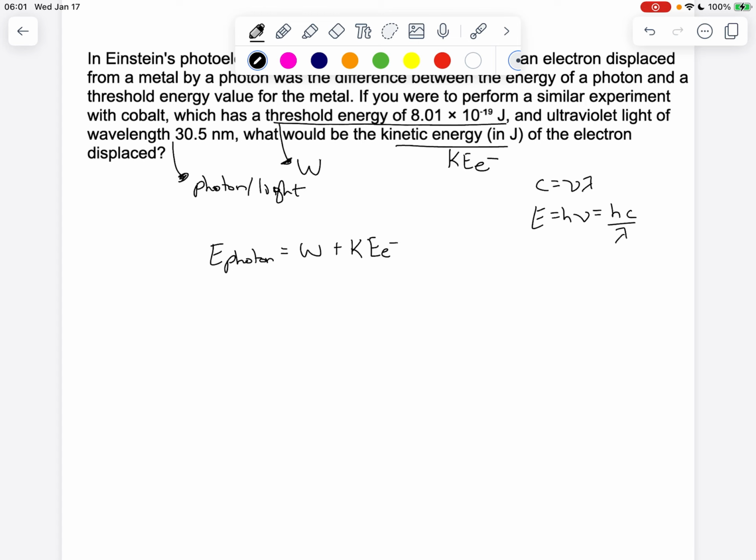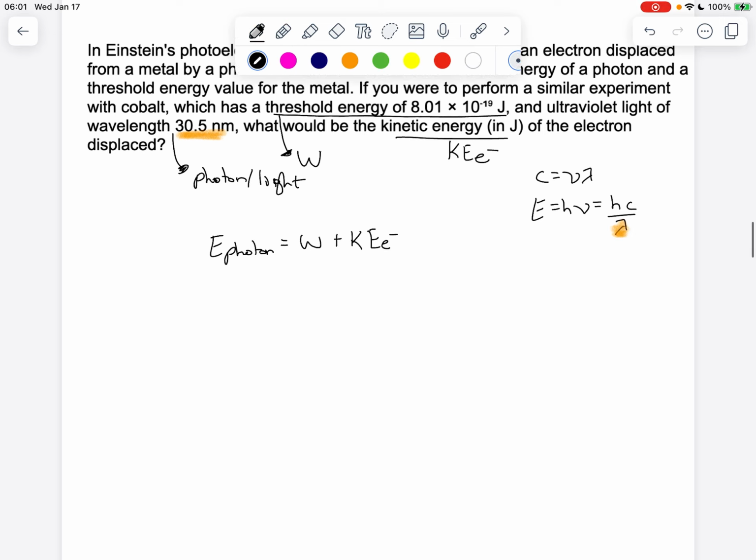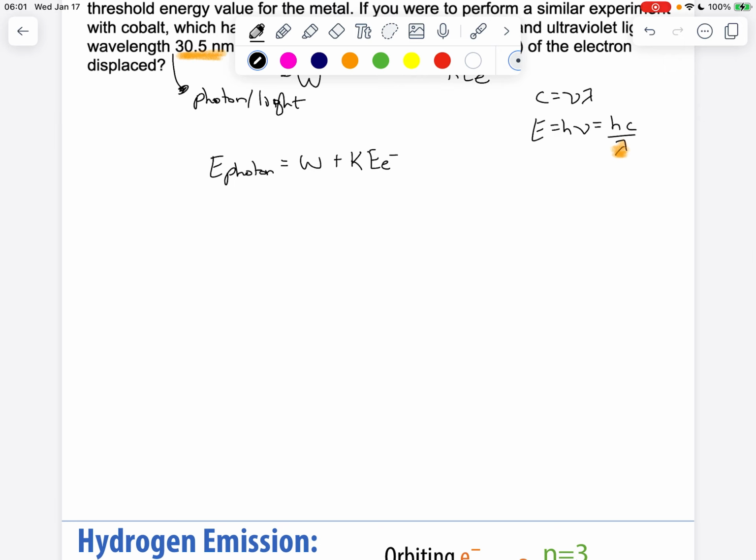So because we were given the wavelength lambda of that photon, we can get the energy of the photon. So maybe we'll do that as a first step. E photon equals hc over lambda. Once we use this to go from wavelength to energy, then we'll be able to plug back into this equation to solve for kinetic energy.